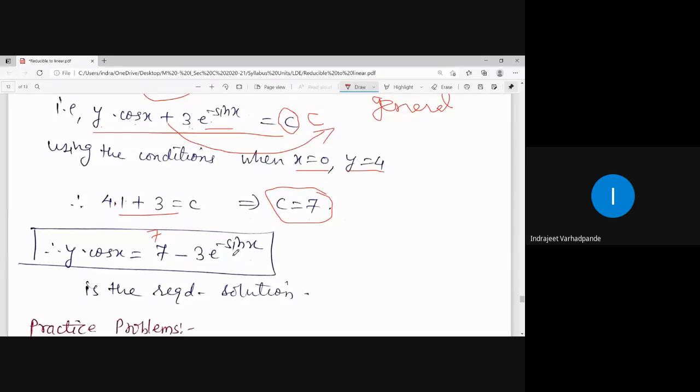y into cos x is equal to 7 minus 3 into e to the power minus sin x. This is the required solution.